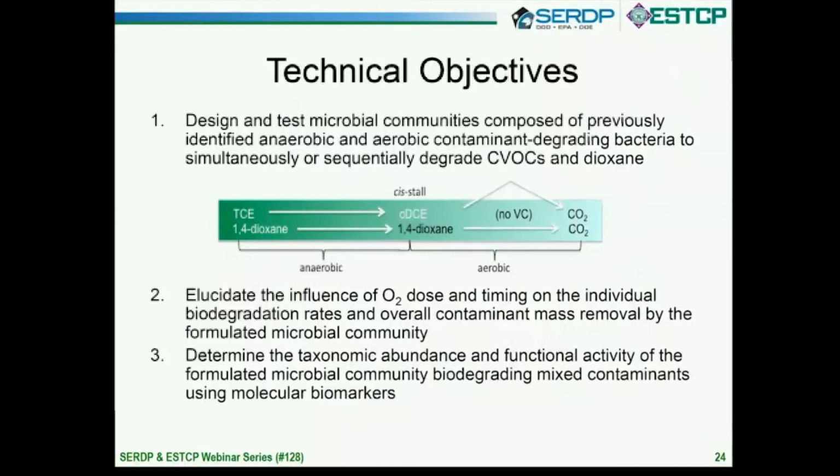We also wanted to understand the influence of oxygen dose and timing on the kinetics and overall mass removal, and back up all the observed degradation and rates by measuring taxonomic abundance and biomarker gene abundance and expression, so that we know there's a molecular foundation for what we are observing in terms of quantitative data.